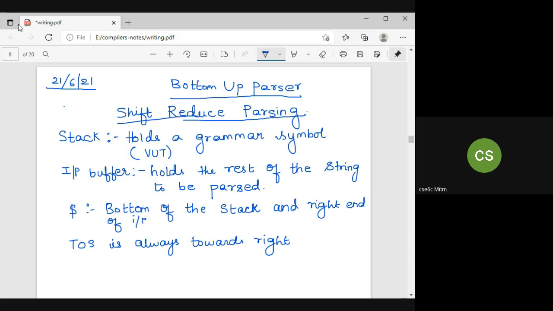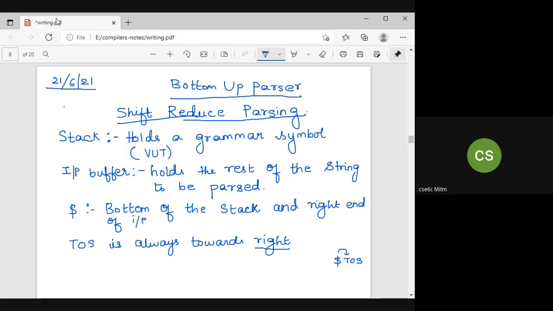So whatever you are representing as the top of the stack here has to be always towards the right side. Okay. So if this is dollar, the right side of it should contain your top of the stack elements. So this is what we mean by it is always towards the right.